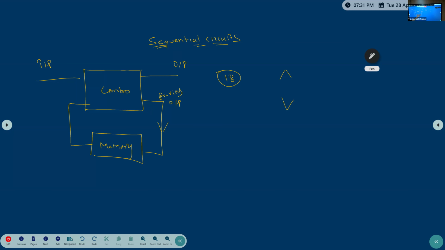Different types of edge triggers and level triggers will be there in sequential circuits, which we will not see in combinational circuits. Combinational circuits are very fast. Sequential circuits are slower because they need to process the previous memory as well as the present input. Clear? Any questions, any doubts here?